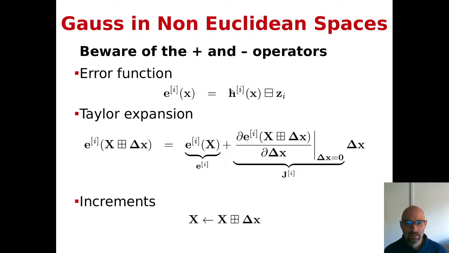Then a tricky point is the Taylor expansion. Remember that in order to calculate our quadratic form, we had to take the error function and express it at the perturbation. So calculate its Taylor expansion starting from a linearization point and applying a certain perturbation delta x.